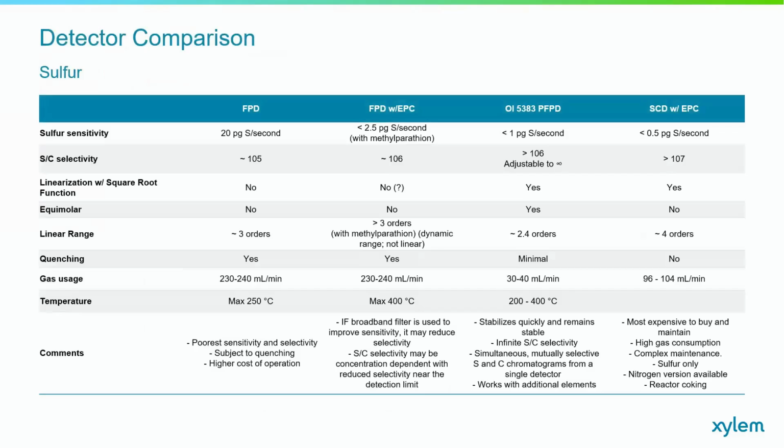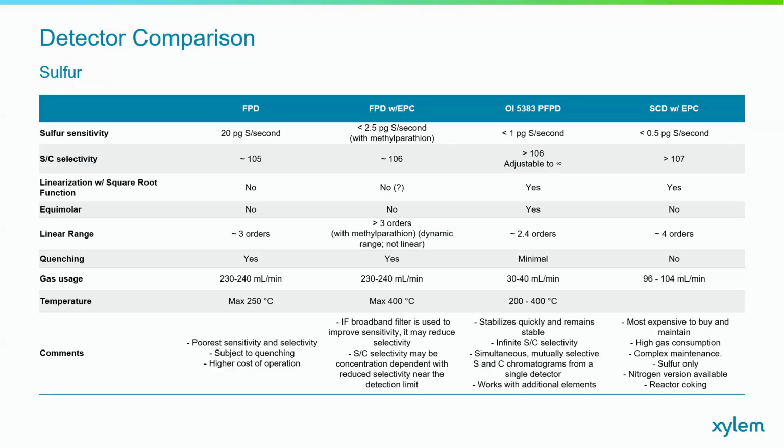And here is a detector comparison for sulfur and phosphorus with some existing technologies that are out there. We have traditional static flame photometric detection, a flame photometric detector with an electronic pressure controller, then we have our detector, the OI 5383 PFPD, and then we have a sulfur chemiluminescence detector with an electronic pressure controller.